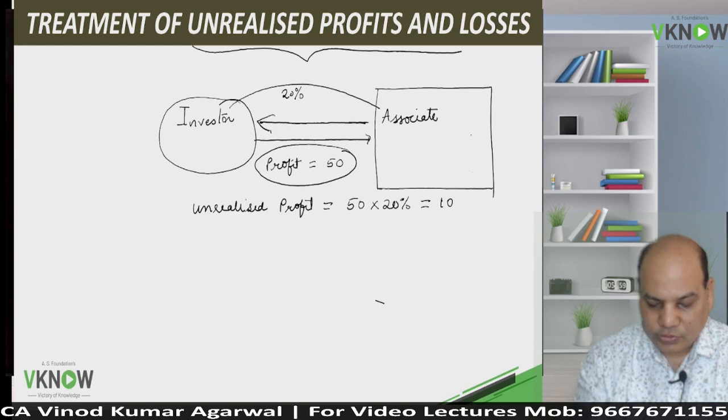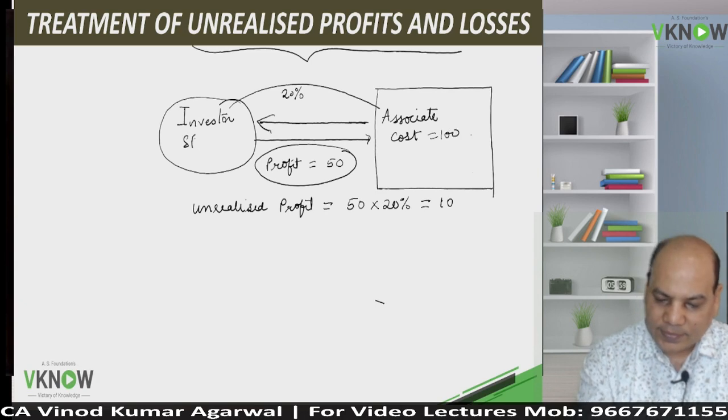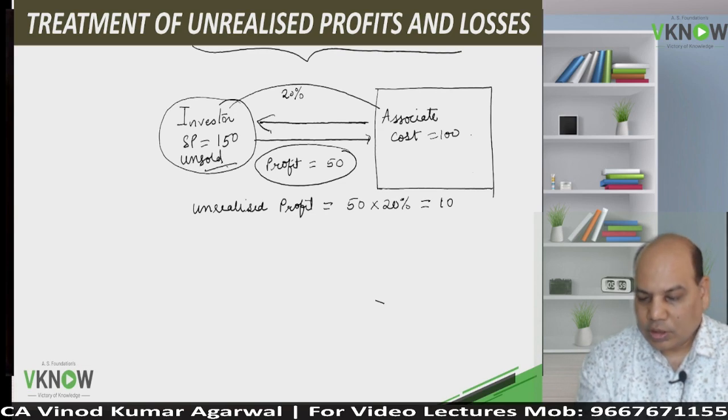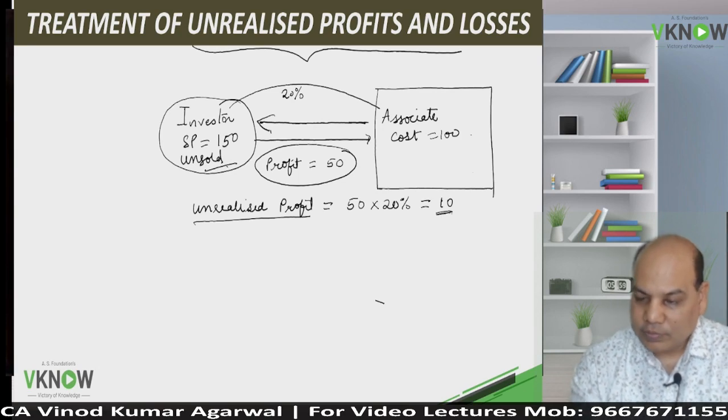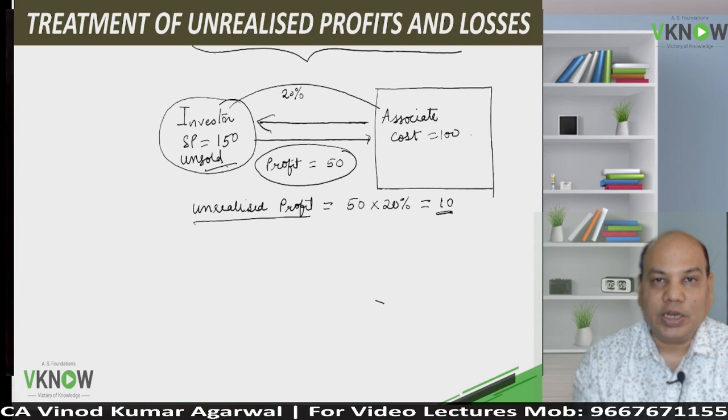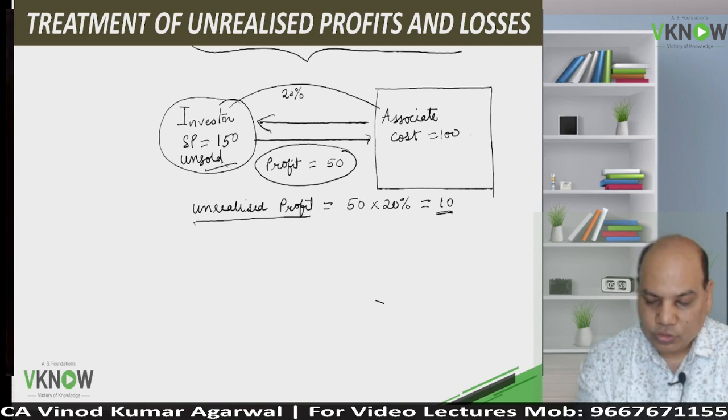Let us say we change the example: cost to associate 100 rupees, selling price is 150, inventory is unsold. Answer is the same. The unrealized profit will be 10 and it will be eliminated from investment. So what journal entry will we pass?